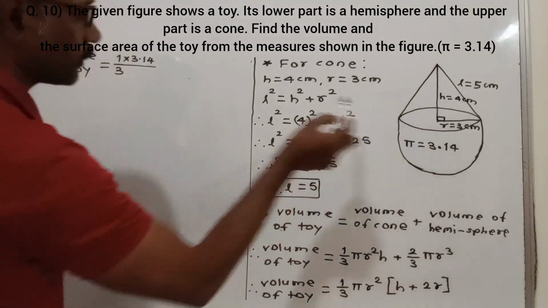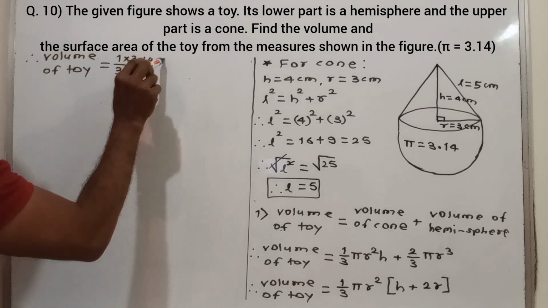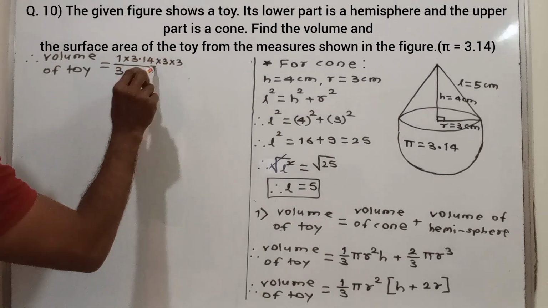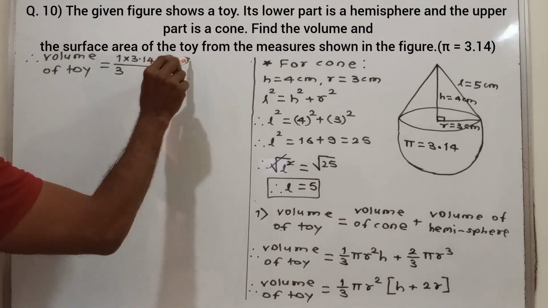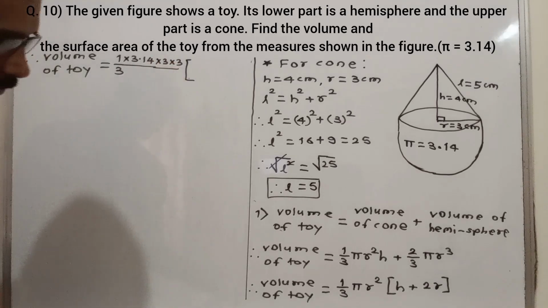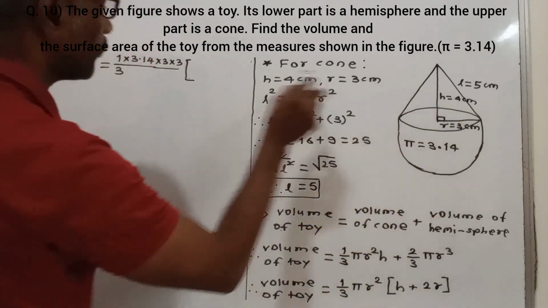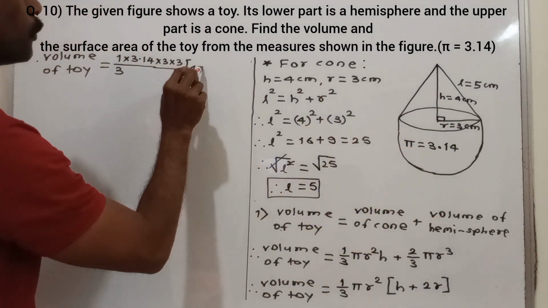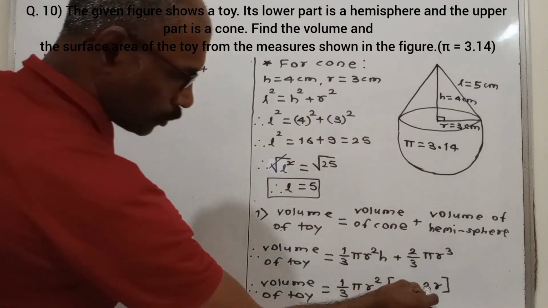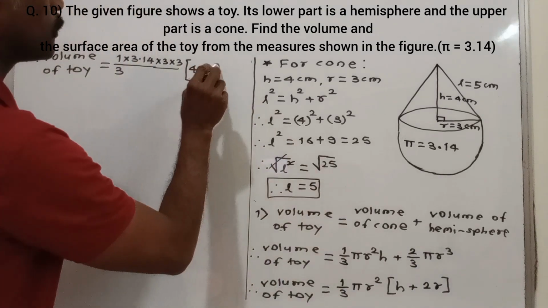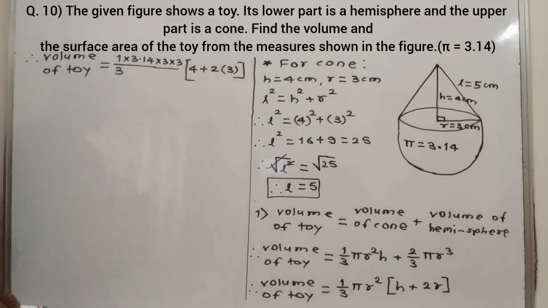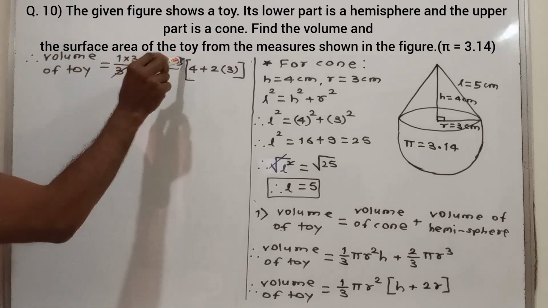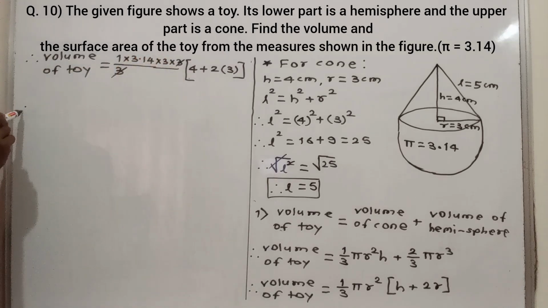What is value of r? 3. Into 3 square, bracket h. What is value of h? 4. Plus 2 into r, 2 into 3. Did you get it? Then 3 cancel.